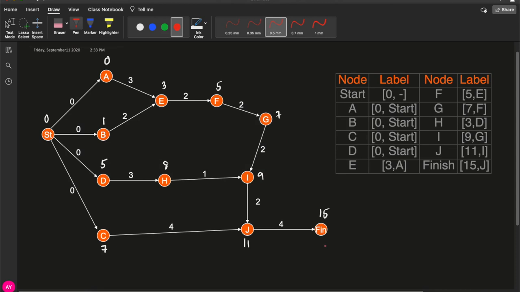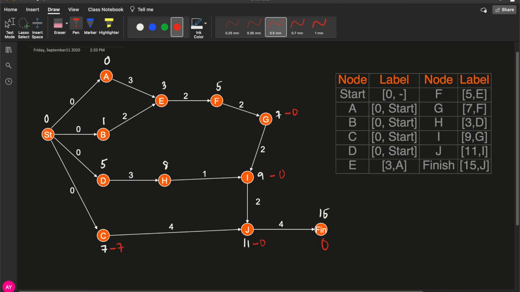So slack of finish is 0. Slack of J, so you can look at this. This is your ES and this is your LS. So the slack here is 0. I has a slack of 0. G has a slack of 0. C has a slack of 7.